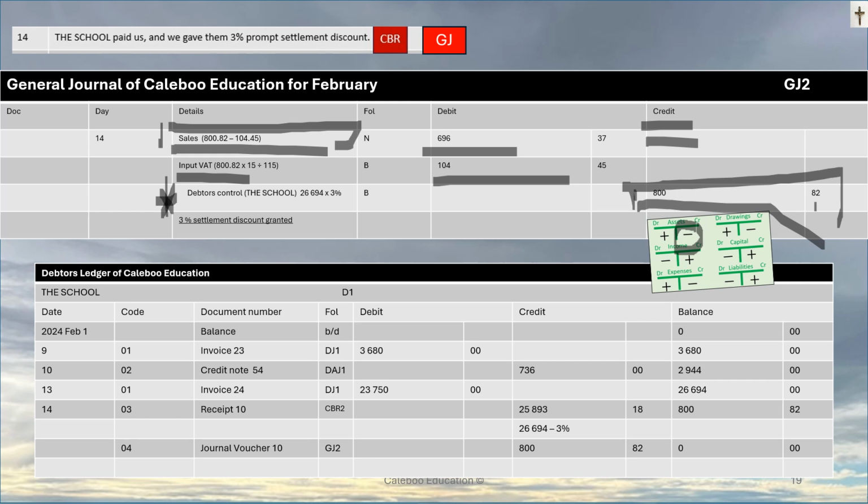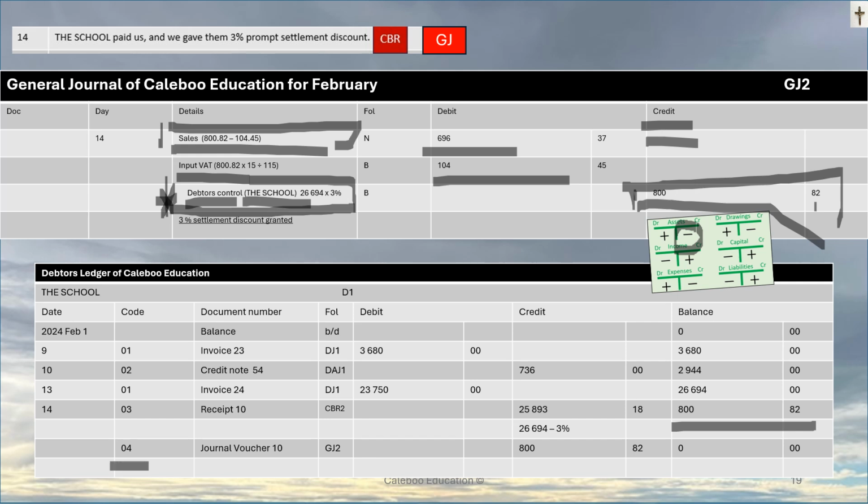But what we're concerned with in this video is the amount that gets entered into the school's account and later on the debtor's control account, and the amount is 882. So let's have a look.